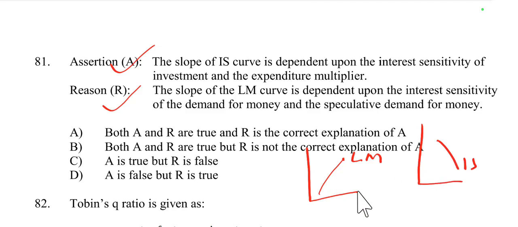The mechanisms affecting the slope of the IS and LM curves are distinct, as they deal with different market equilibriums: the IS curve is goods market equilibrium and the LM curve is money market equilibrium. So both statements are true, but R is not the correct explanation of A. Option B is right here.